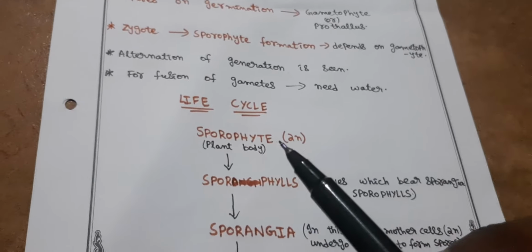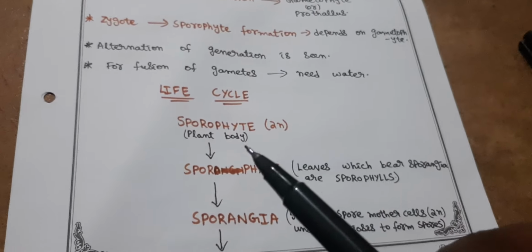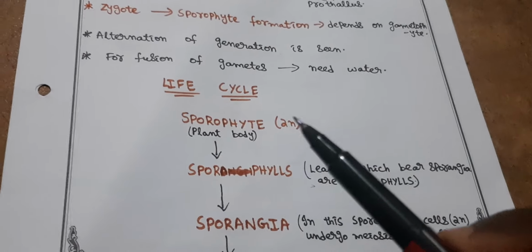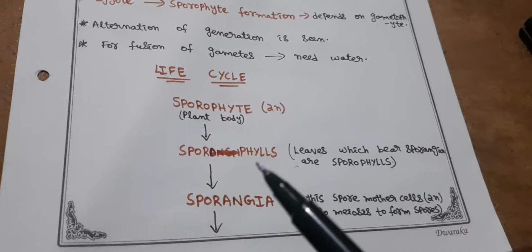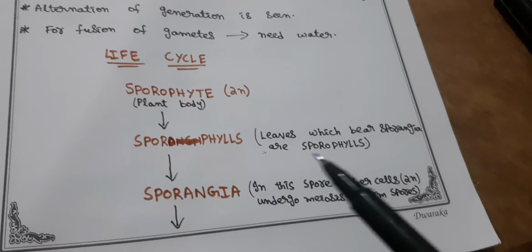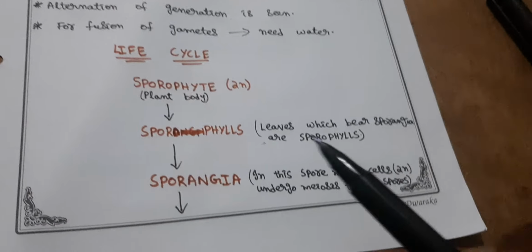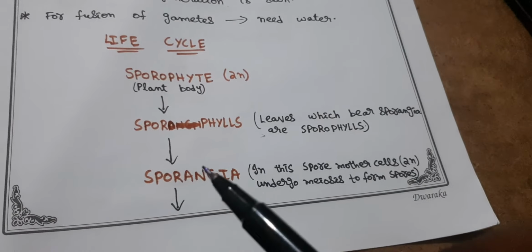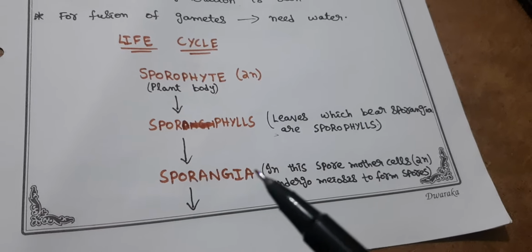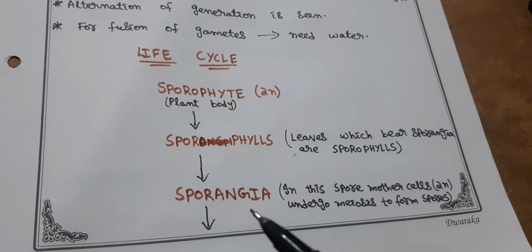Life cycle. First, sporophyte. This is the diploid plant body. Two n condition. This is known as diploid. Okay. Sporophylls. What are sporophylls? Leaves which bear sporangia are sporophylls. What are sporangia? In sporangia, spore mother cells undergo meiosis to form spores.